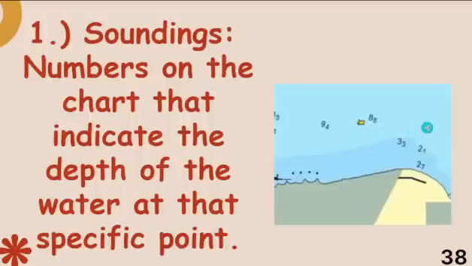As you can see in our image, this is the chart that indicates the depth of the water. Again, soundings are numbers on the chart that indicate the depth of the water at that specific point.